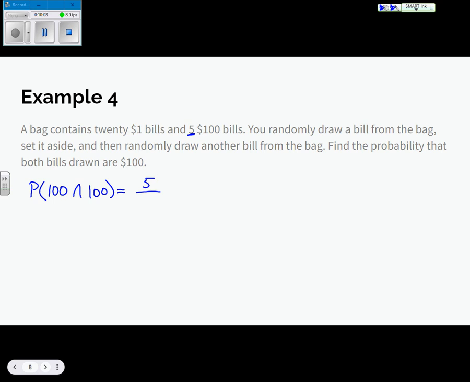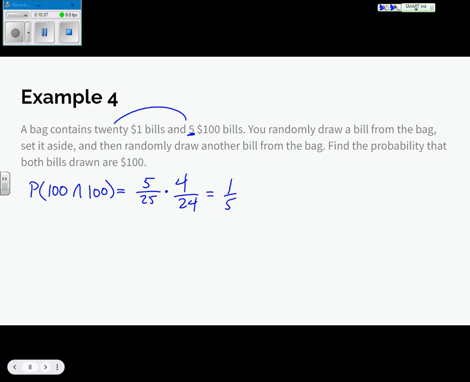out of the 25 bills. However, I take that $100 bill that I got, I stick it in my pocket, and now I want to know the probability that I reach my hand in there again and get another $100 bill. Well, now there's 4 $100 bills in there, and there's only 24 bills. So multiplying this out, I could reduce both of those.